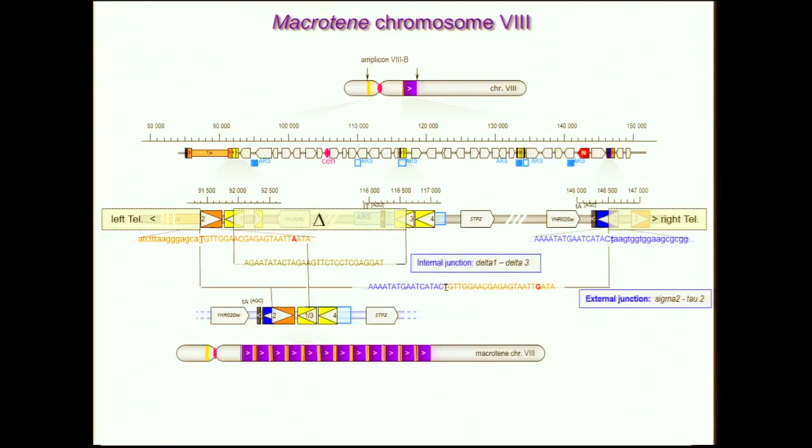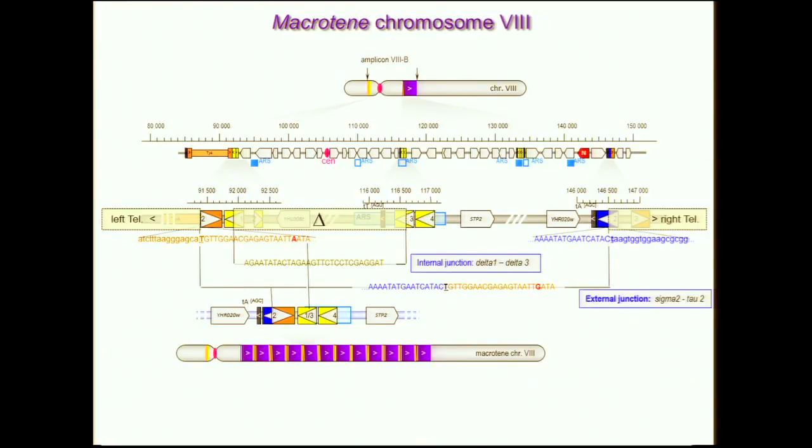In addition to that, in the macrotein chromosome 8, there was a deletion, as you might expect, because the centromere is here. So you cannot amplify the centromere on the same chromosome. And in fact, there is a deletion between those two delta elements, and they share this sequence.